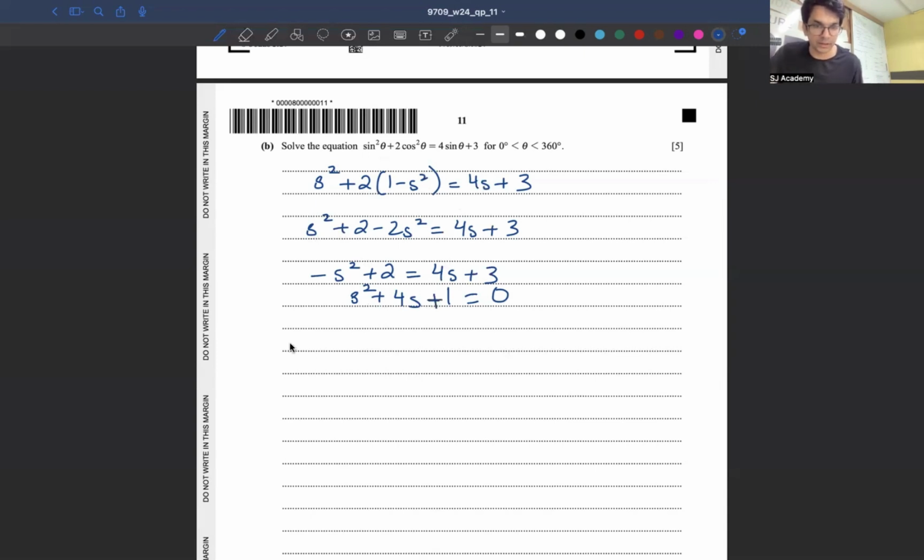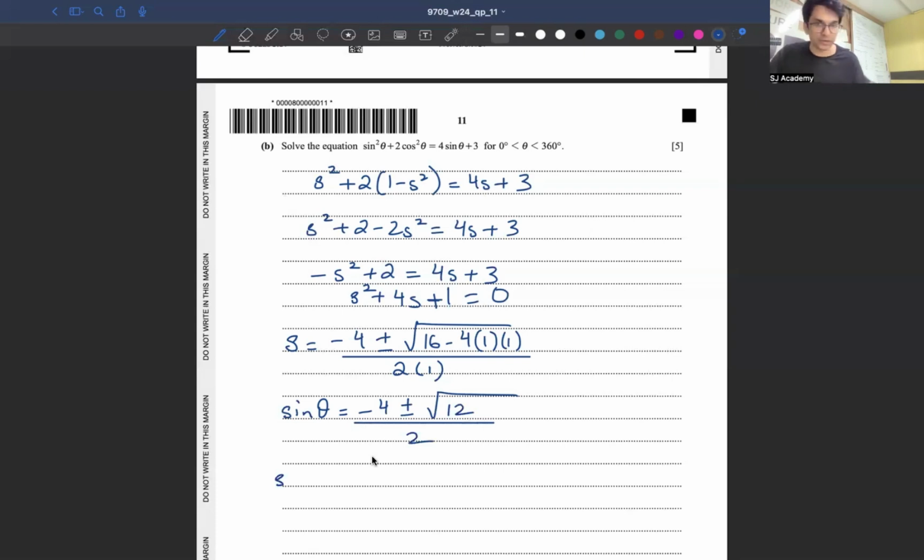Now applying the quadratic formula, we'll get minus 4 plus minus square root of b squared, which is 16, minus 4ac, so 4 into 1 into 1, divided by 2 times a, which is 1. So sine theta equals minus 4 plus minus square root of 12 upon 2.